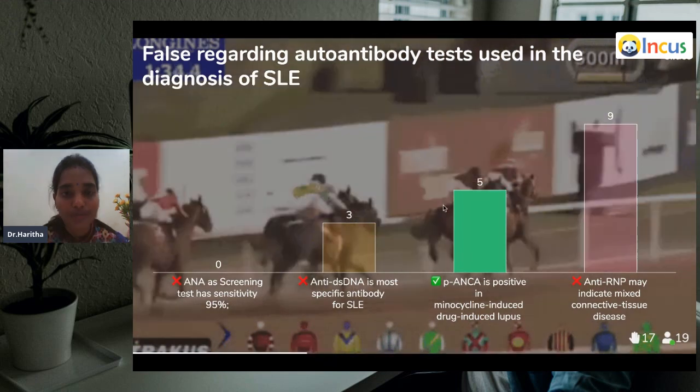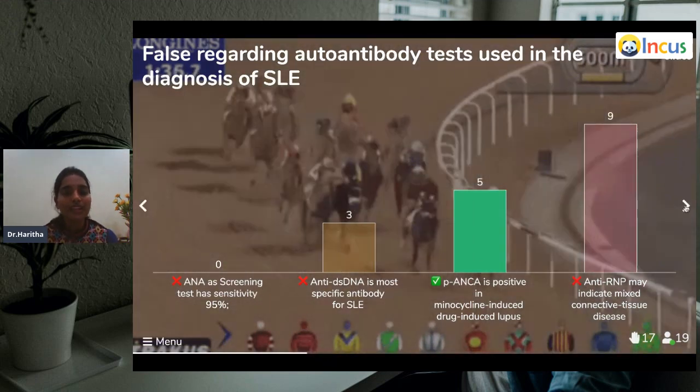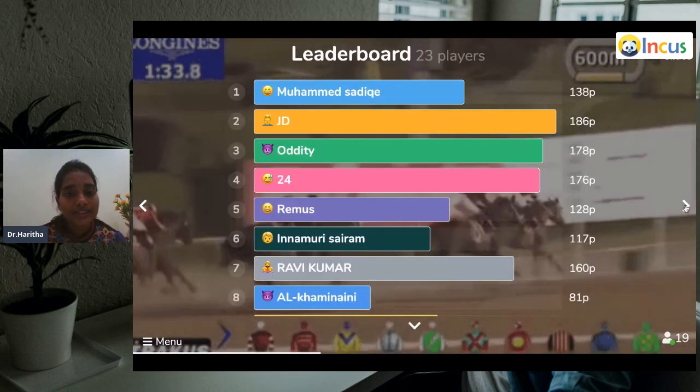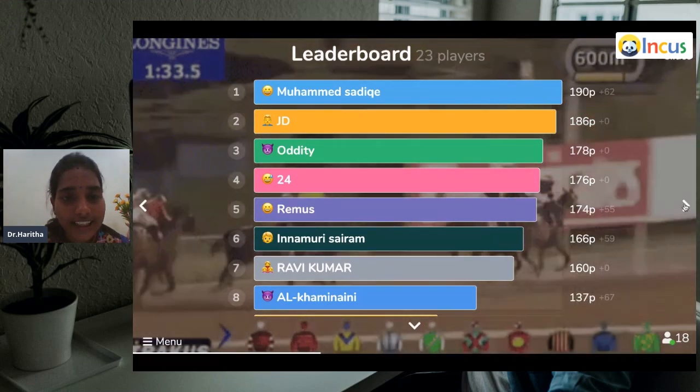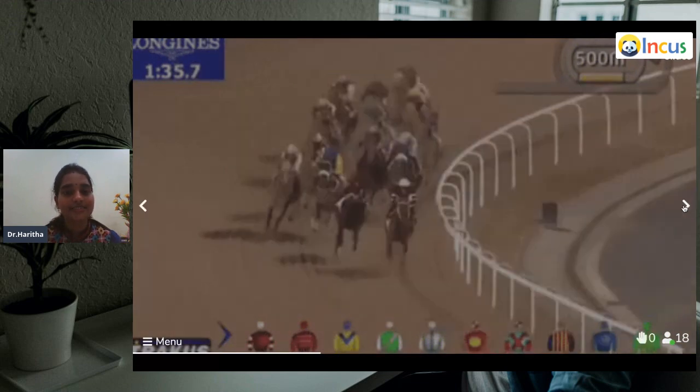It is responsible for the drug-induced lupus. So Mohammed Sadiq, JD, Oddity.